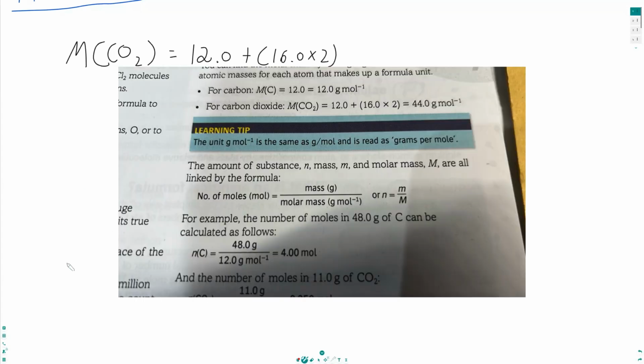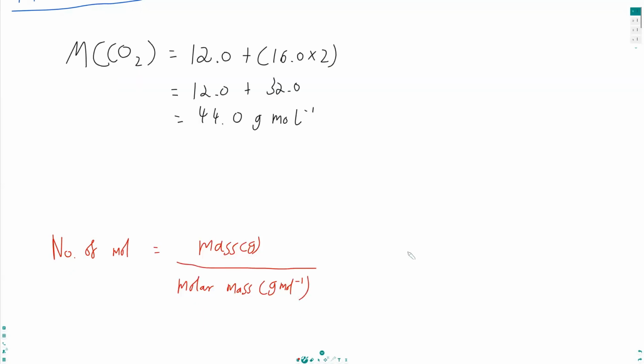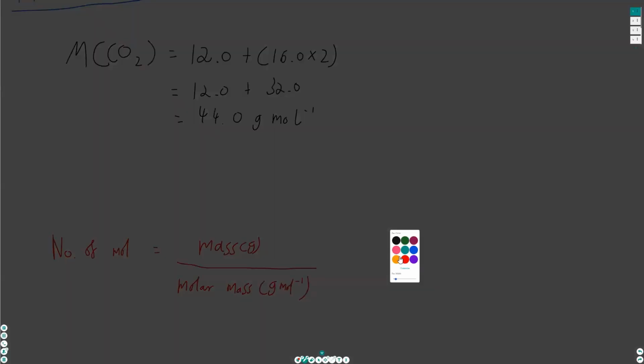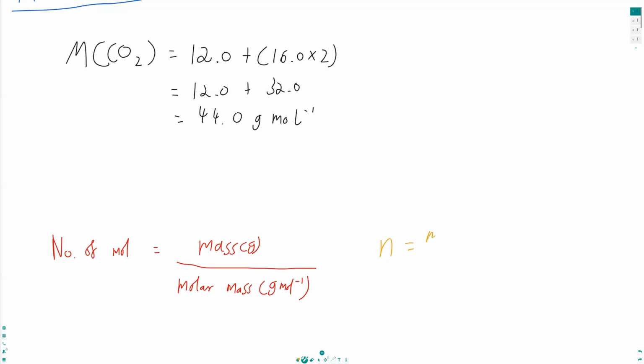The number of moles is equal to the mass, which is measured in grams, over the molar mass, which is in g mol^-1. Abbreviated, it's N equals small m over big M. And if you rearrange that, small m is equal to N times big M.